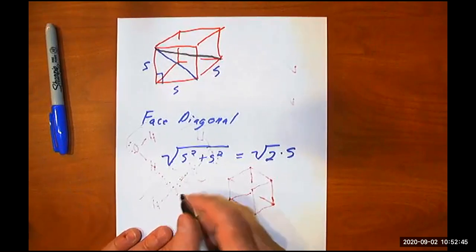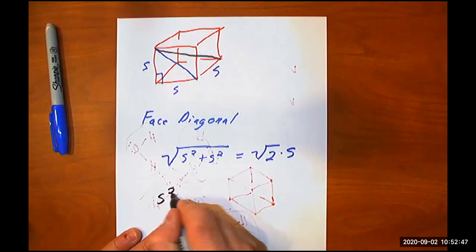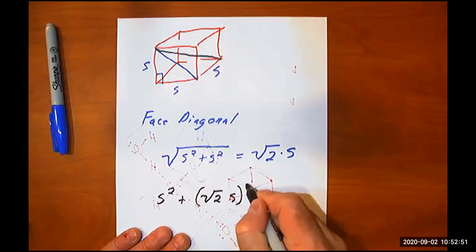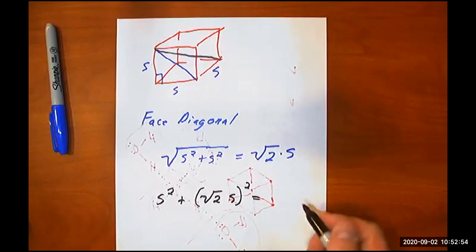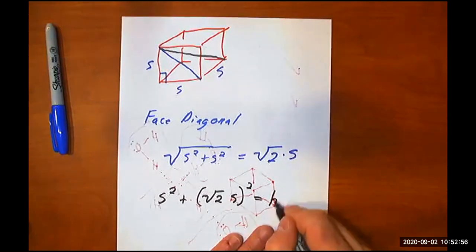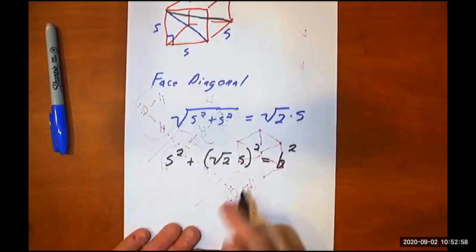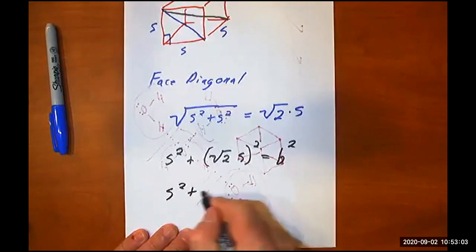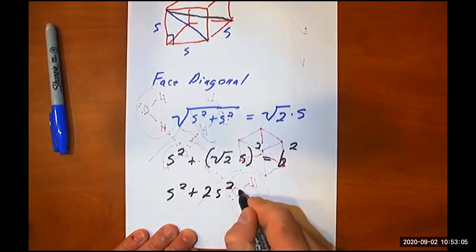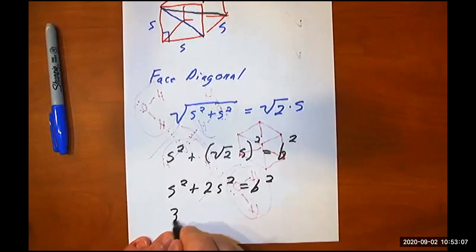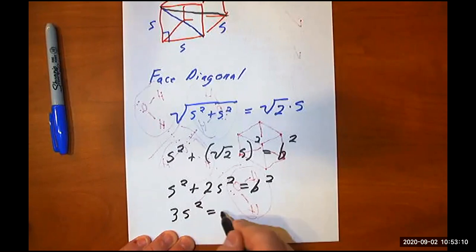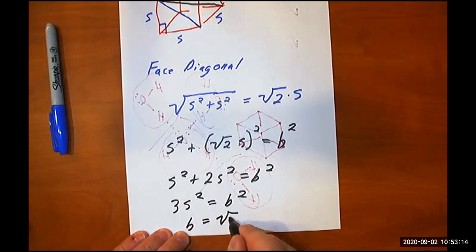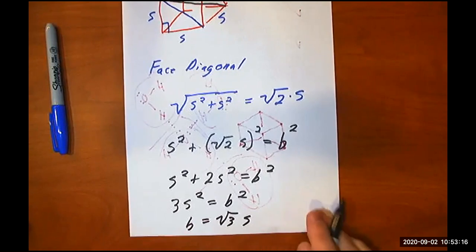So using the Pythagorean theorem, s squared plus square root of 2s quantity squared is going to equal our body diagonal squared. So we'll call that b. So this becomes s squared plus 2s squared equals b squared. 3s squared equals b squared. And so b equals the square root of 3s.